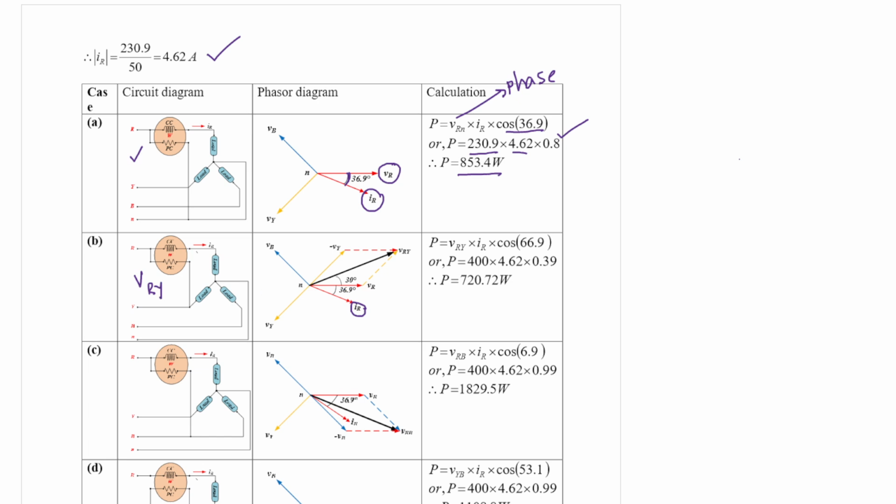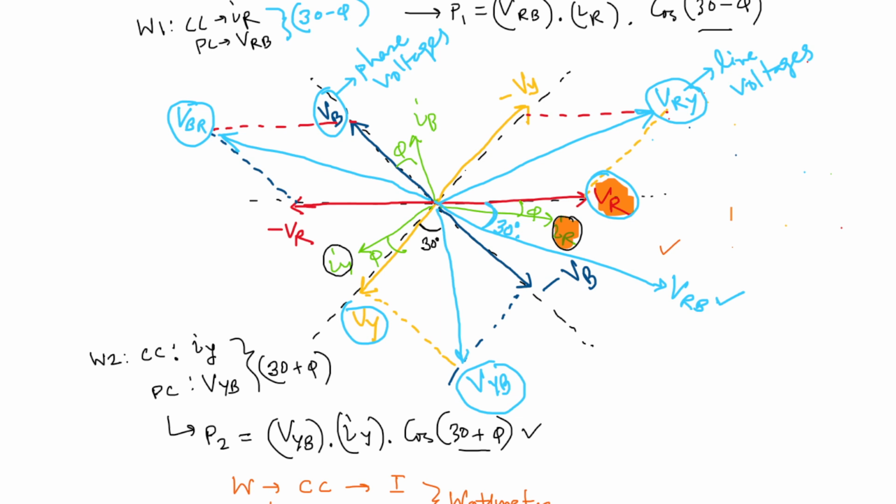If you go back to the phasor diagram, VRY is this phasor, and this angle is 30 degrees. So the angle between VRY and IR is basically 30 plus phi.